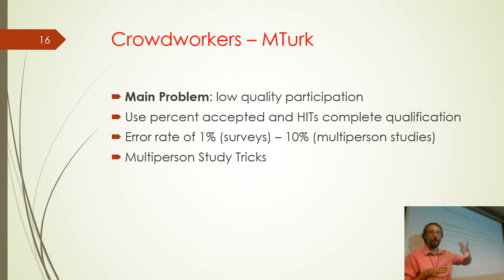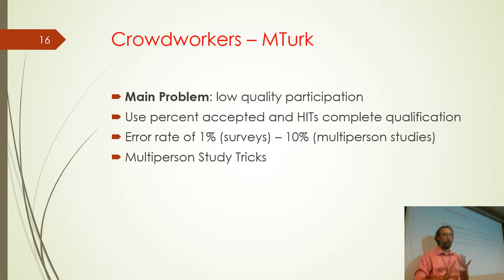So you want to make sure that they have a 95% or 99% or 90% acceptance rate and have at least, we use 100, they want to have at least 100 hits completed. And what that does is it eliminates all of the people who are creating fake accounts or bot accounts early on.